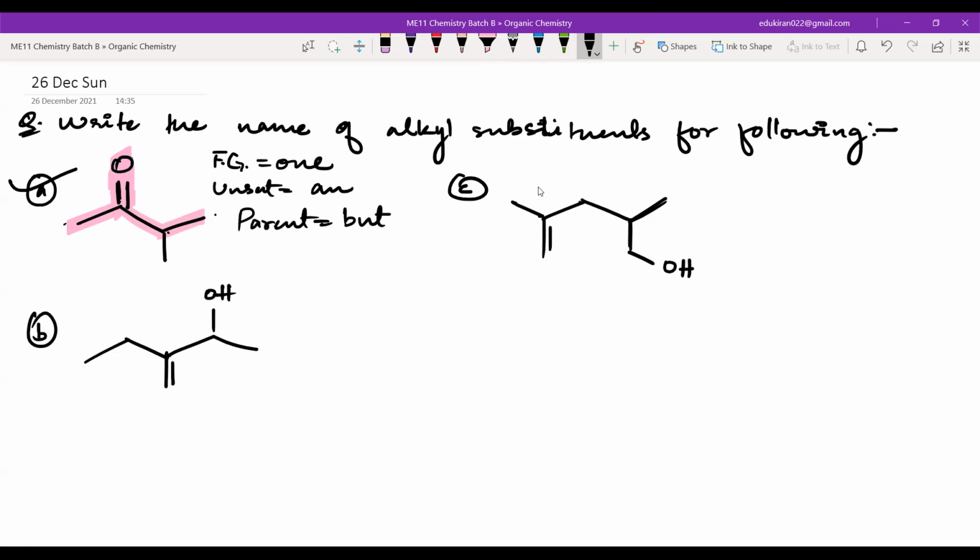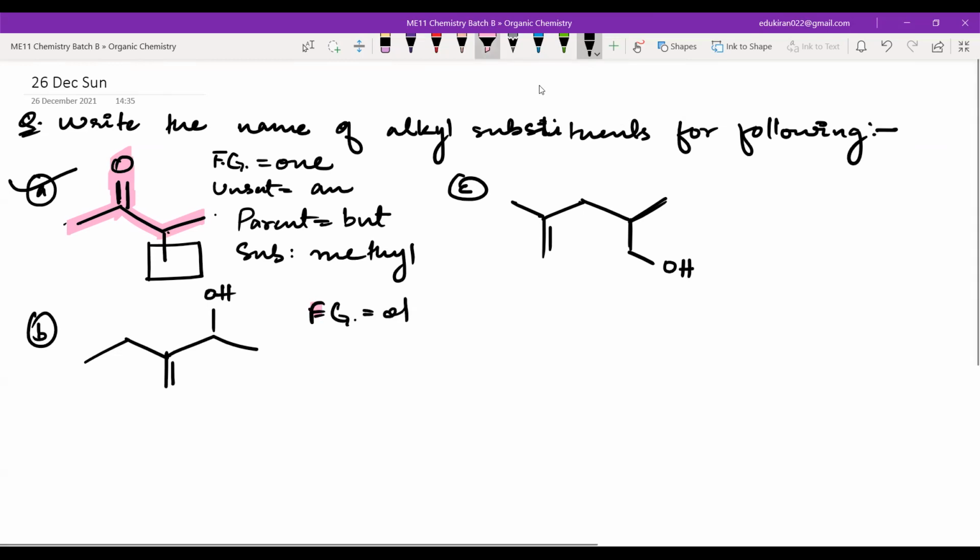After that, we see that there is only one carbon atom as the substituent. We have not named this. So the substituent will be methyl. Now, if I look here, the functional group is ol. This is OH.